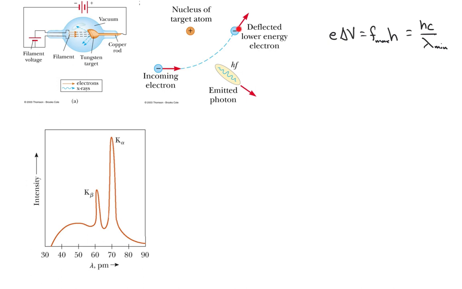Often, the electrons will undergo multiple collisions before they lose all of their energy. And that's what gives you this Bremsstrahlung broad spectrum feature of the X-ray spectrum. Lots of little collisions, and the electron loses some energy with each one. That's where you get this Bremsstrahlung radiation.